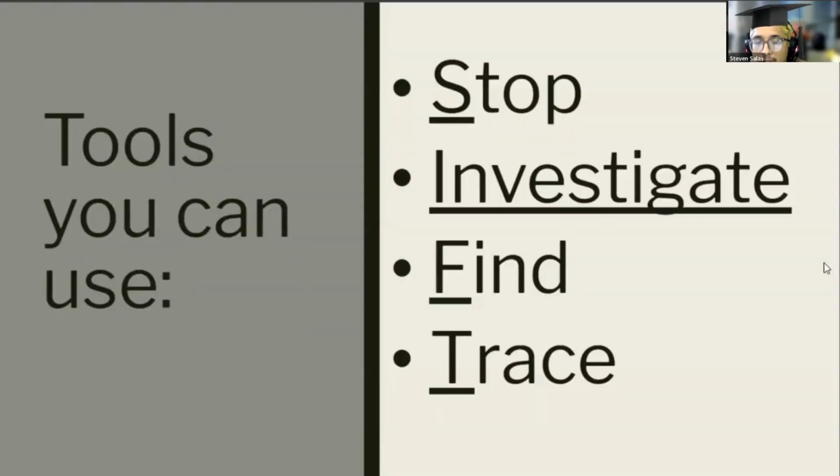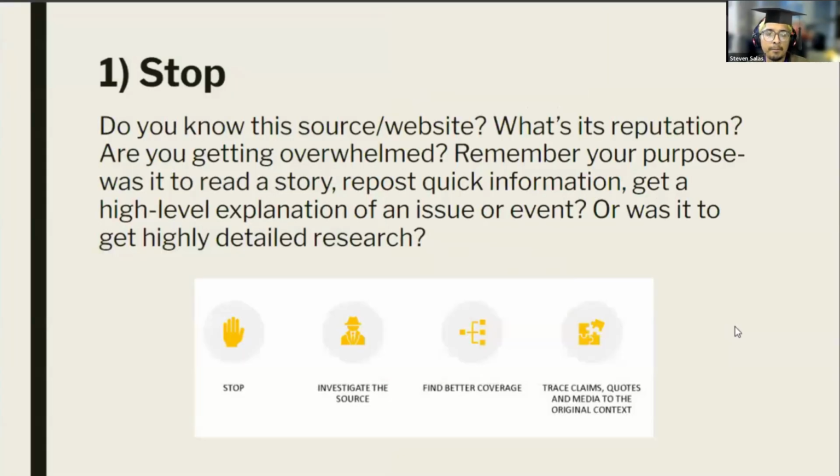There are tools you can use. There's a variety of stuff like the CRAP method, CRAAP, but we're going to use a SIFT method here. There's a bunch of different ones online. Use whatever you feel works a lot better for you. So stop, investigate, find, and trace. Stop when you're looking at information in the beginning.